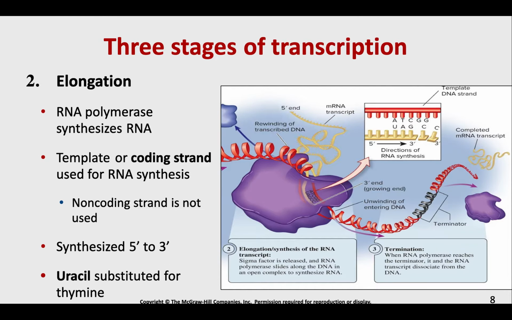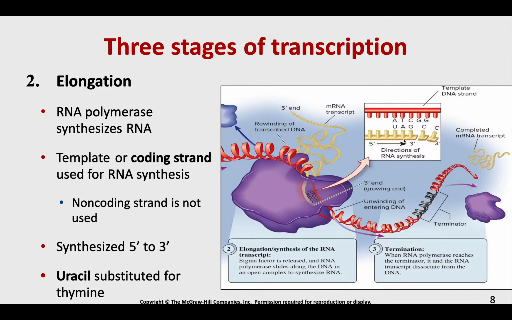In the next step, elongation, we have RNA polymerase actually synthesizing the RNA. We've separated out the two strands of DNA here. One strand is going to be used, and that's called the template strand. That is the strand we are using to synthesize our RNA.